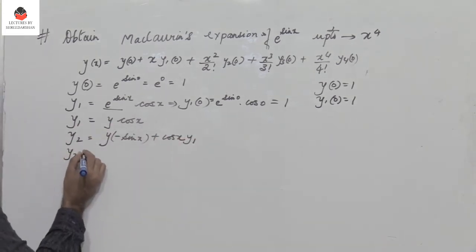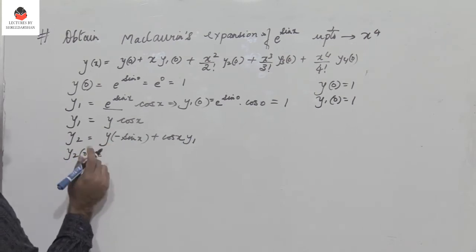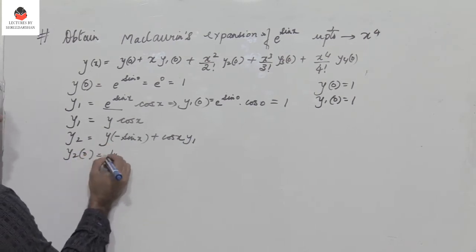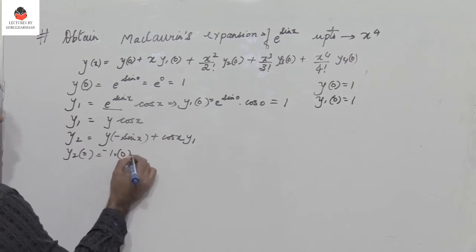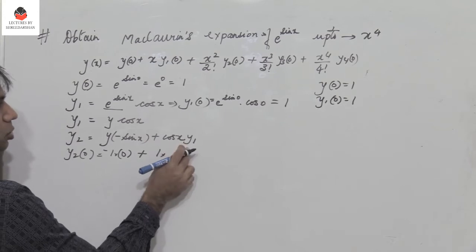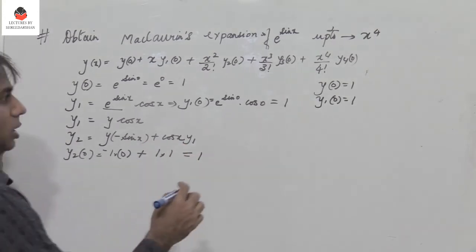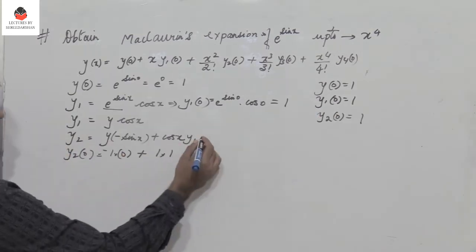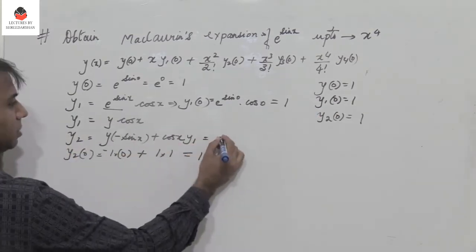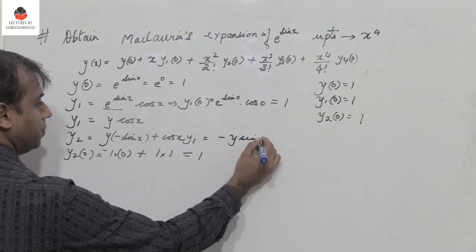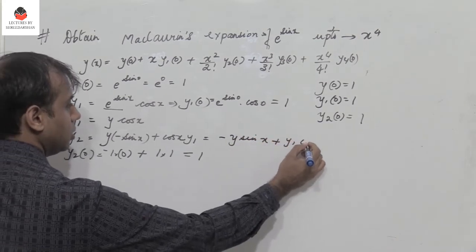So what is y2 of 0? It is y of 0, which is 1, into minus sine 0, which is 0, plus cos 0 is 1 into y1 is 1. So this is 1. So y2 of 0 is 1. So y2 of x is nothing but minus y sine x plus y1 cos x.